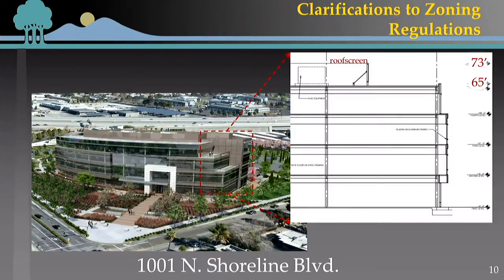And this is a demonstration to show what that has looked like. This is an office project on Terabella and North Shoreline, 1001 North Shoreline, where you can see in the detail on the right that the building height was up to 65 feet and an additional 8 feet of a roof screen was added there to screen the HVAC equipment, and there was a telecommunication facility that was screened inside there as well.